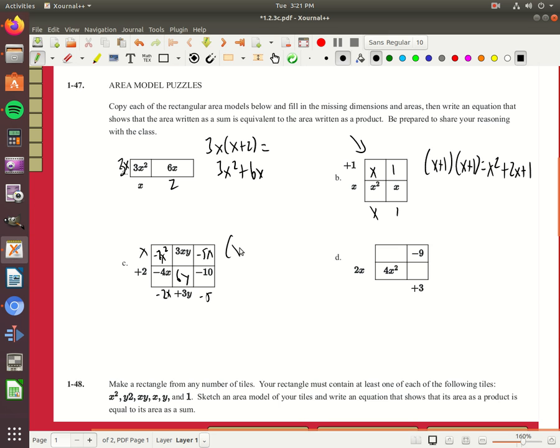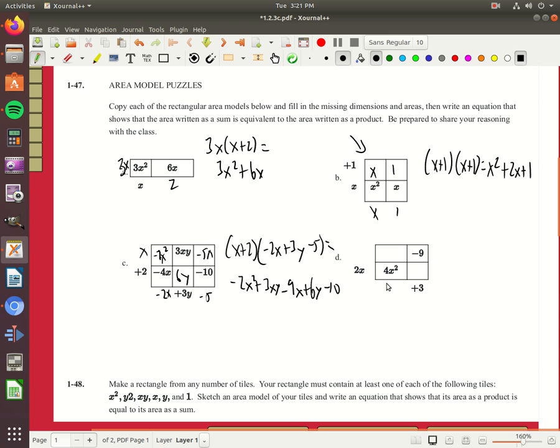So on this one, I'll have x plus 2 times negative 2x plus 3y minus 5 is equal to negative 2x squared. There's no xy's, so plus 3xy minus 5x minus 4x, that's minus 9x plus 6y minus 10. So you do need to combine like terms.